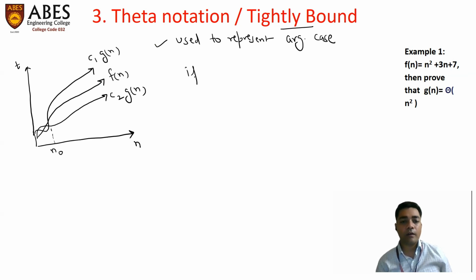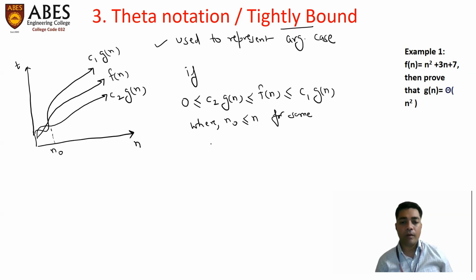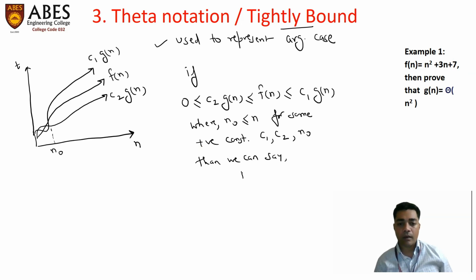So let's write the mathematical formula. If c2·g(n) is less than or equal to f(n), and this function is less than or equal to c1·g(n), and c2·g(n) should be greater than or equal to 0, where n0 is less than or equal to n, for some positive constants c1, c2, n0, then we can say f(n) is equal to theta of g(n).